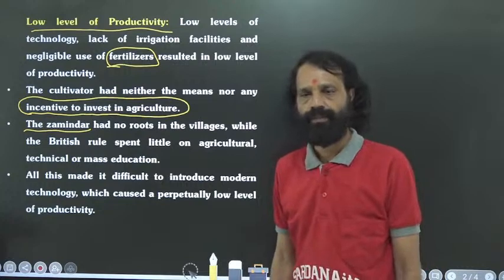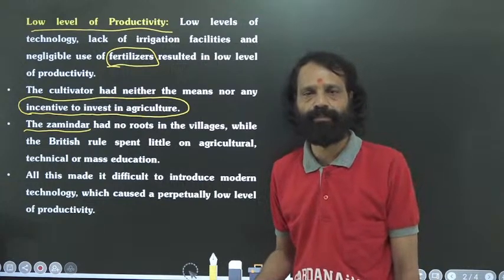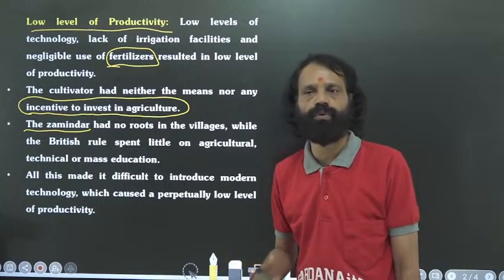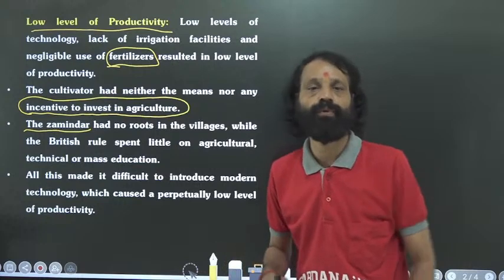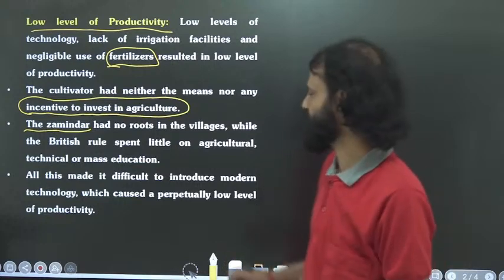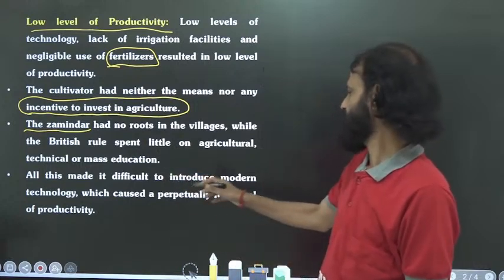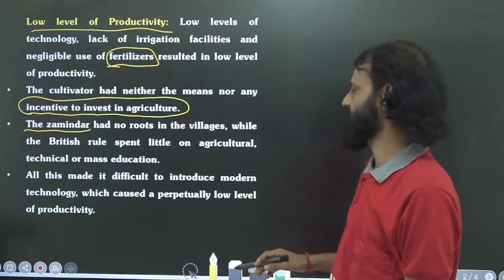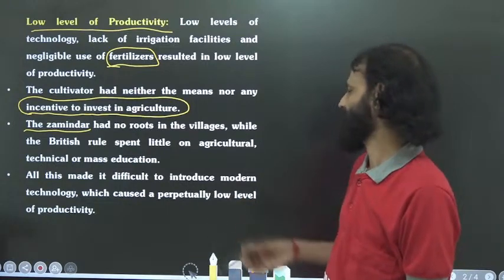If a country wants more productivity, more productive people, or more people with more skills and professions, what do they need? They need to give proper education. So mass education was not there at that time. All this made it difficult to introduce modern technology, which caused a perpetually low level of productivity.